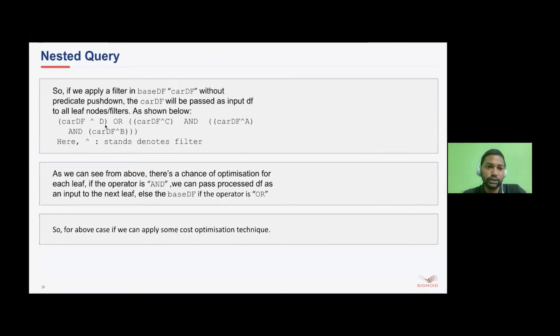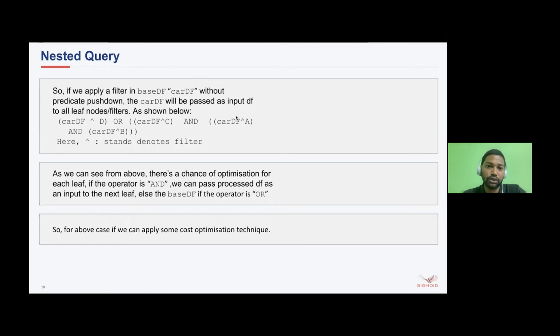If you see this structure, whenever the operator is AND, we can apply some optimization: if we filter by C, we can pass its output as input to the next filter expression, right?